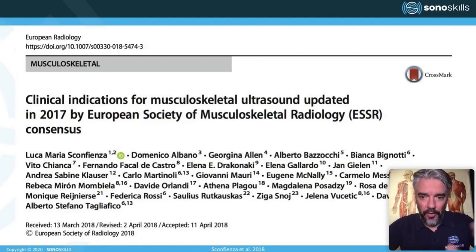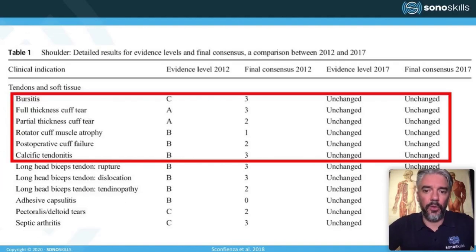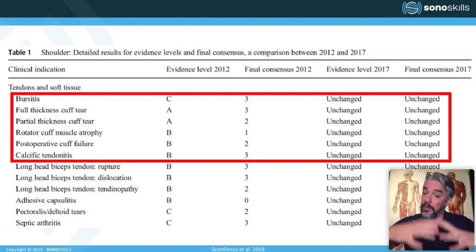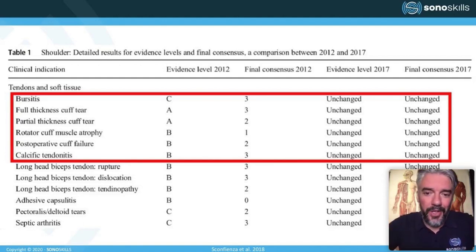Looking at the ESSR consensus statement, we discussed this also in the previous two parts. We can see that for the rotator cuff in general, as we also showed with the subscapularis, this is the same in this consensus statement for the supraspinatus and also later for the teres minor and infraspinatus.